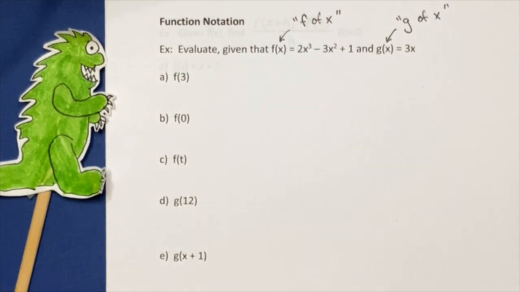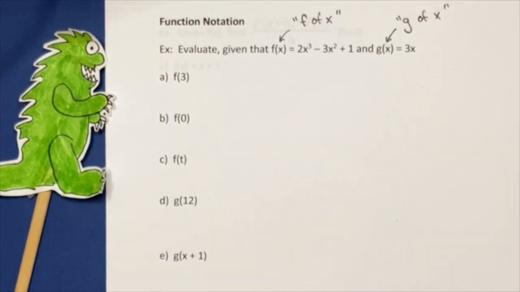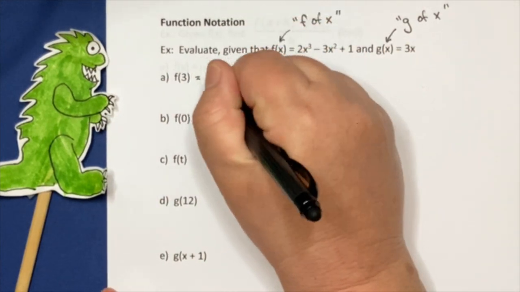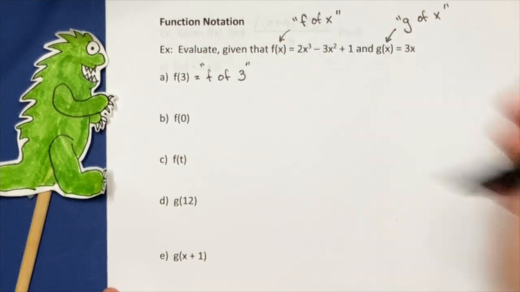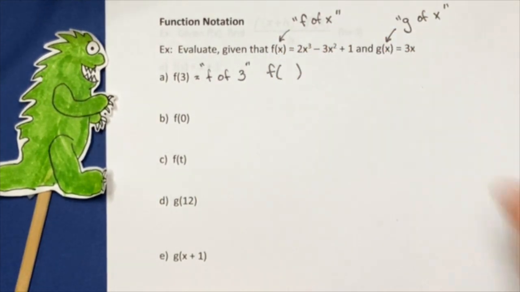Okay? So what I'm going to do is rewrite f of x. I'm going to write f of pink box. So f of x, or f of pink box, is 2 and then box cubed minus 3 box squared plus 1.